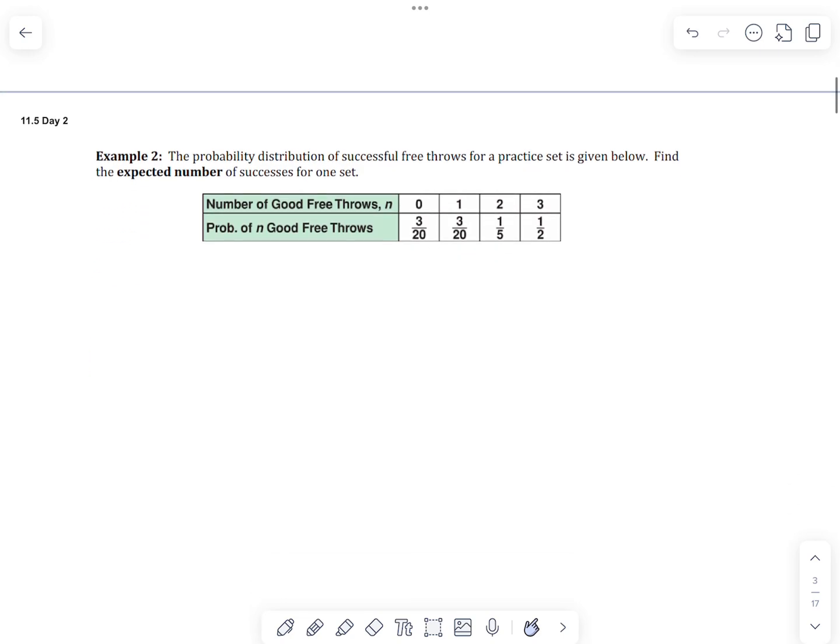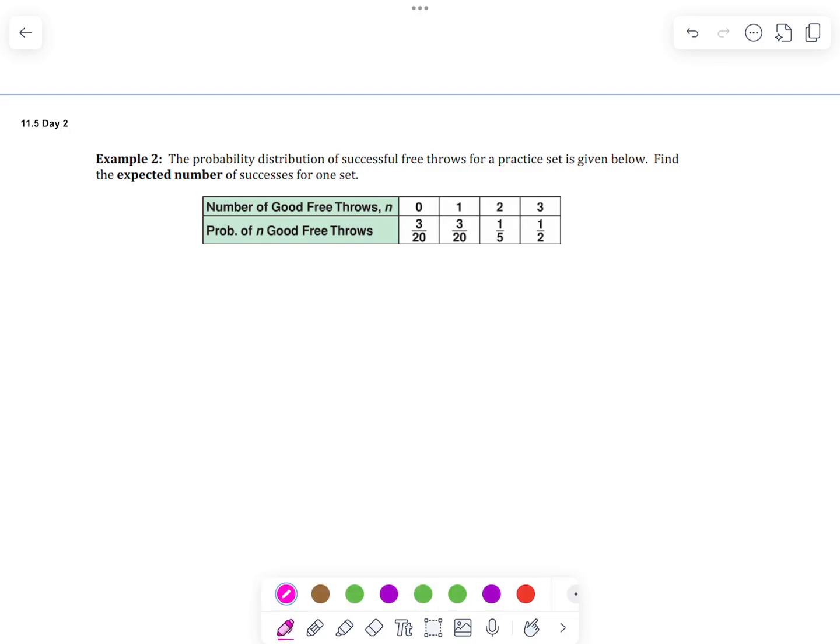Example 2: the probability distribution for successful free throws for practice is given. So to get 0 free throws in a practice, the probability is 3/20. So you multiply 0 times 3/20, plus 1 free throw, and the probability is 3 out of 20. 2 free throws at practice, 1/5.